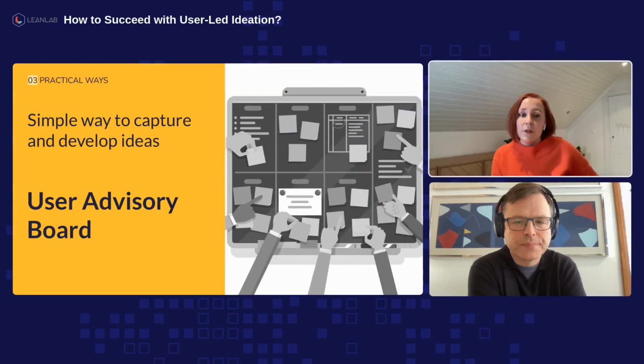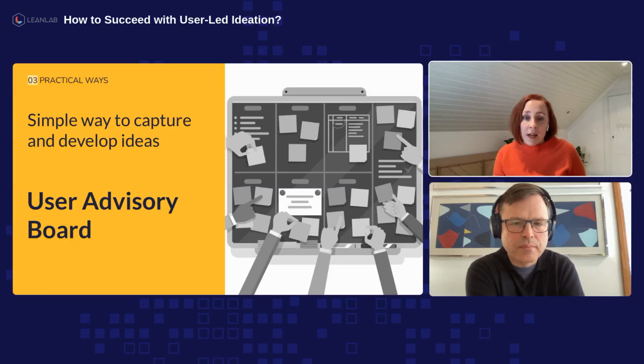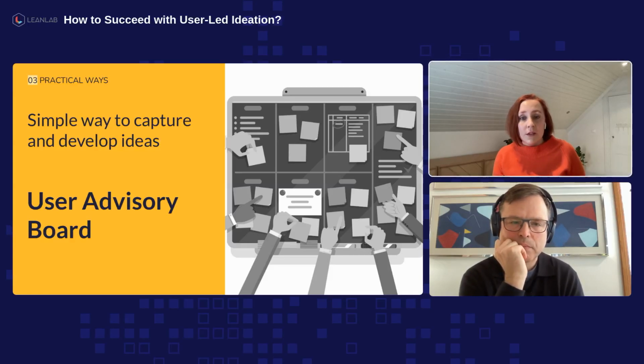One way to systematically help you gather these development ideas is to implement a user advisory board. So what do we mean by a user advisory board? In its simplest form, it could be 20 to 30 users that you engage with regularly and ask for feedback and development ideas on how they think the service or product can be improved.